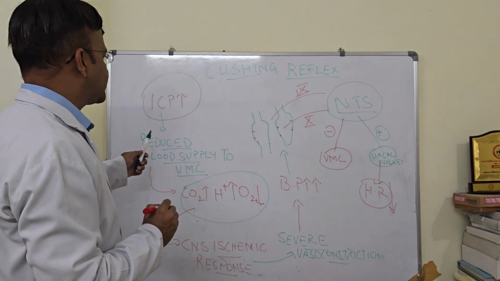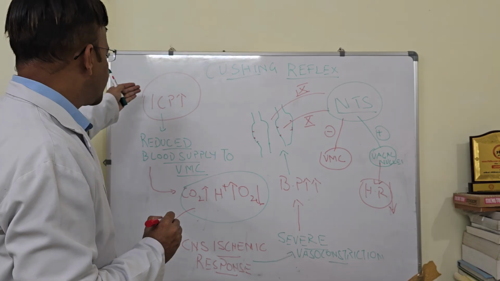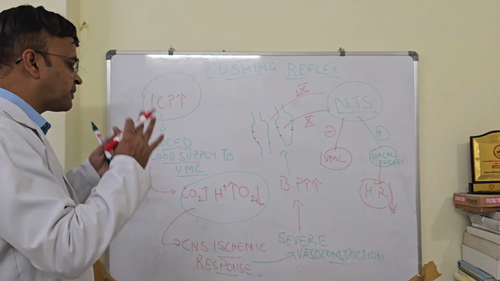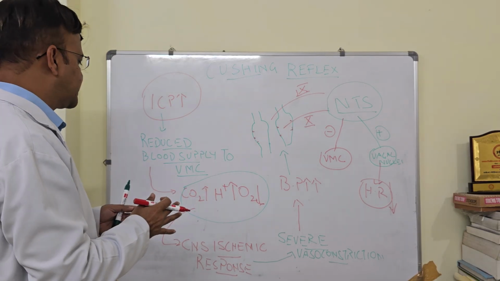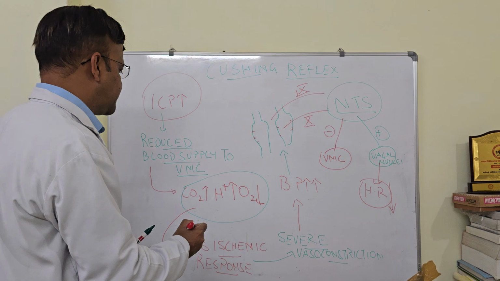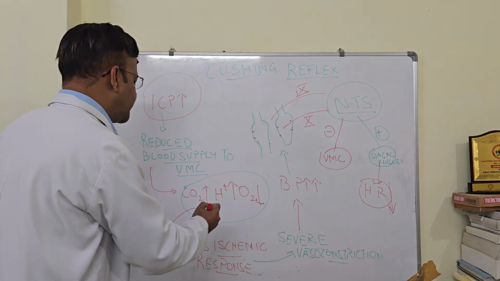And if someone asks sequence, then it is intracranial pressure is going to increase, which will reduce the blood supply to the vasomotor center. These metabolites, CO2 and H plus will get accumulated, oxygen will get reduced.